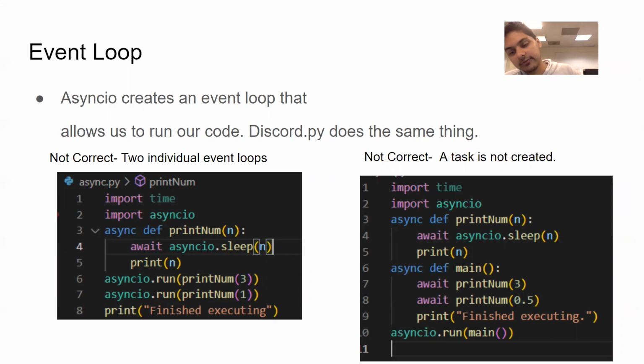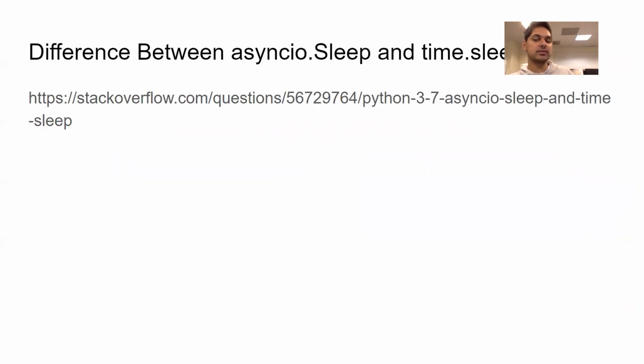What happens is we'll await print num 3, and that's gonna await this many seconds. When it's put to sleep, we'll see if another task is waiting so we can run another task in the meantime. But we need to actually create that task first. That sounds kind of weird, but let me go to the next slide.